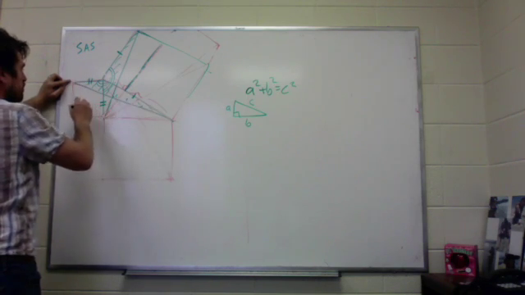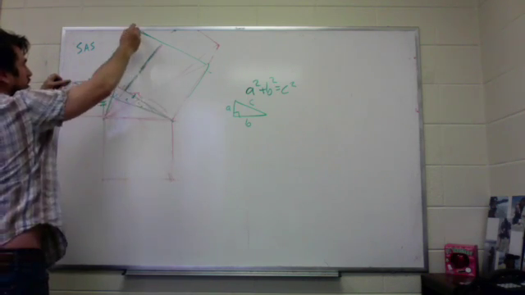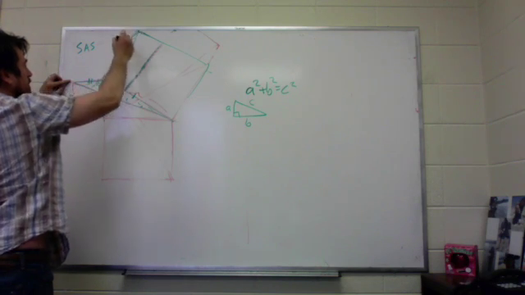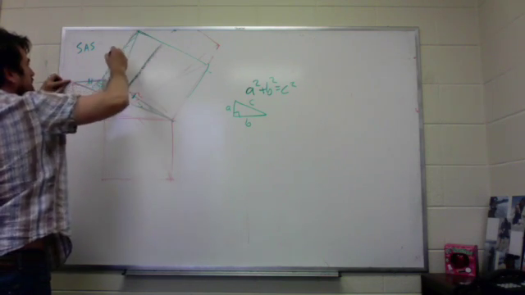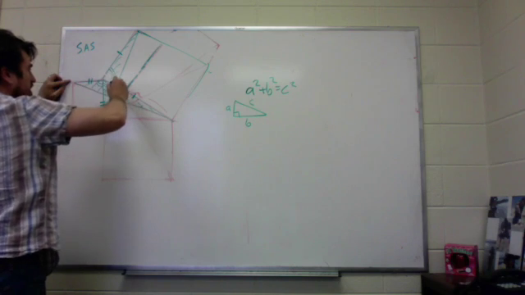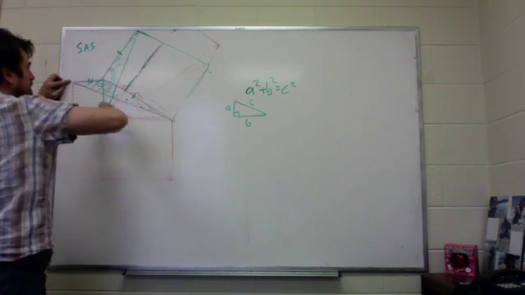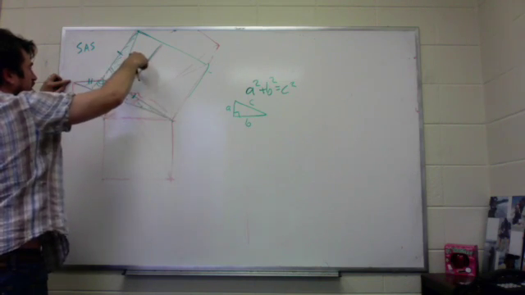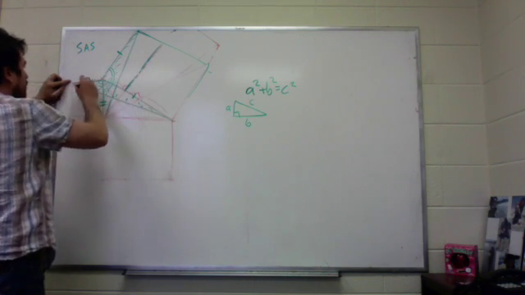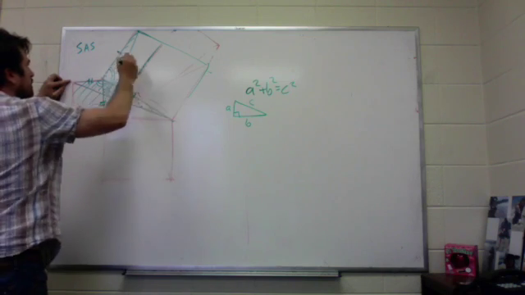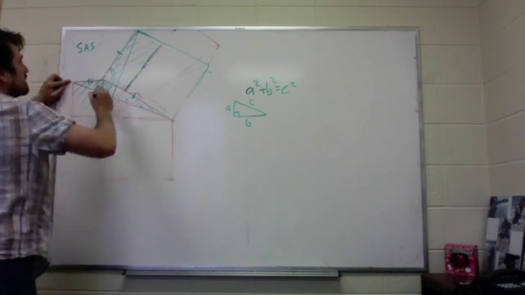Therefore, 2 of these will give me the full area here. The same reasoning applies here. If I take this long side as my base and this side as my height, I see by base times height divided by 2 that this triangle has half the area of this rectangle up here, and therefore this entire rectangle is equal to this entire rectangle.